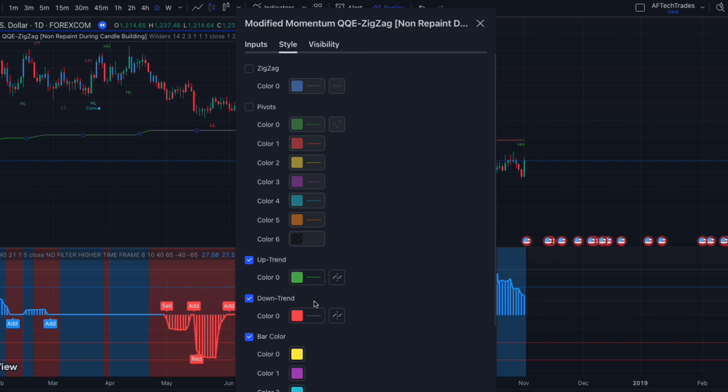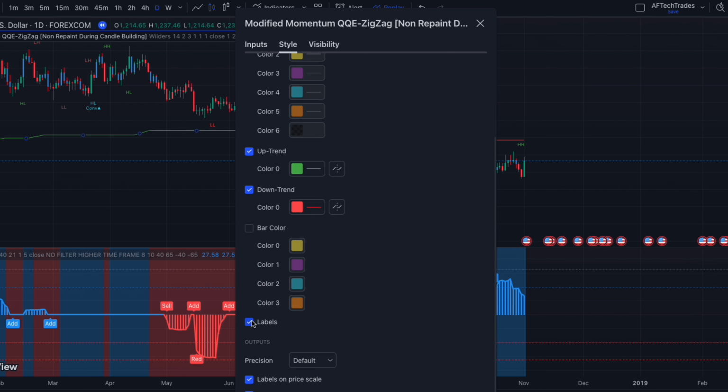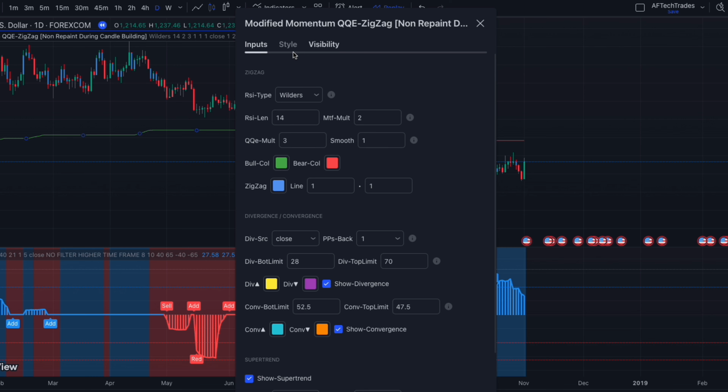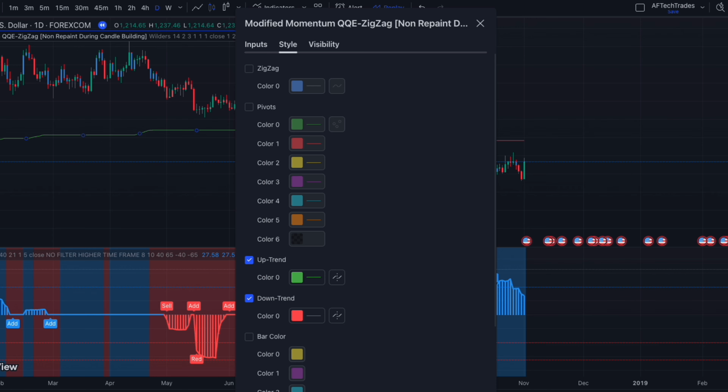So you uncheck everything except the uptrend and the downtrend box. So you see here is the uptrend, here is the downtrend, and this is back colors. We're unchecking this as well, uncheck this as well. So you're good to go. The indicator is set. You click on OK.